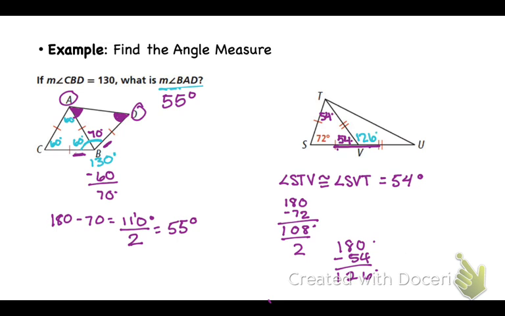Okay, so I still need to find the 2 other angles, but what do we know about these 2 angles right here? They're congruent, right? So how am I going to find those? 180 minus 126, and then divide it by 2. So we know that angle VTU is congruent to angle VUT, right? So we're going to have 180 minus 126.